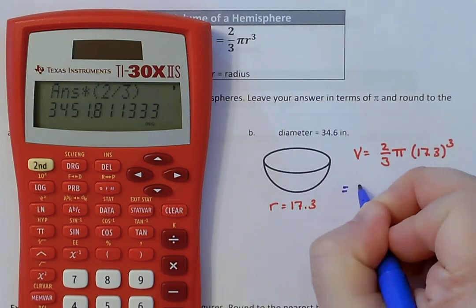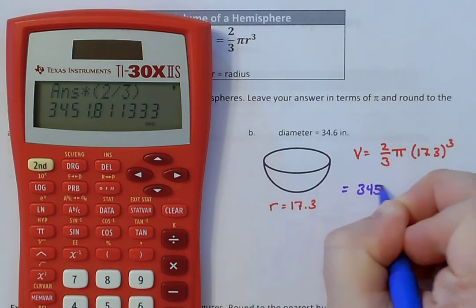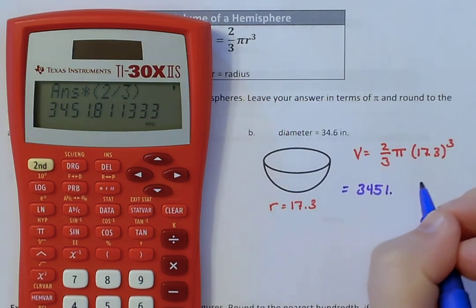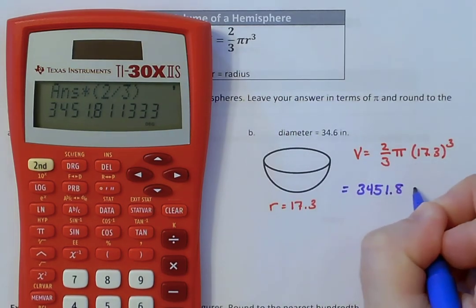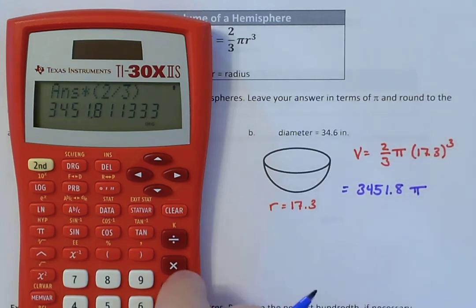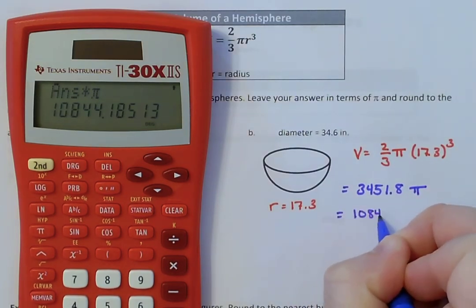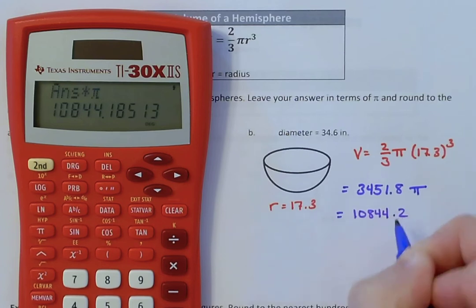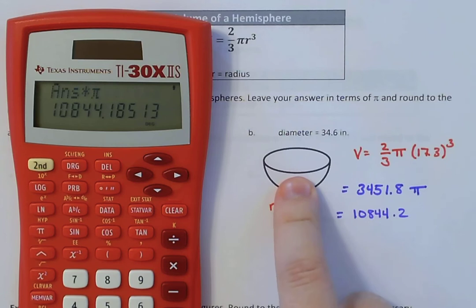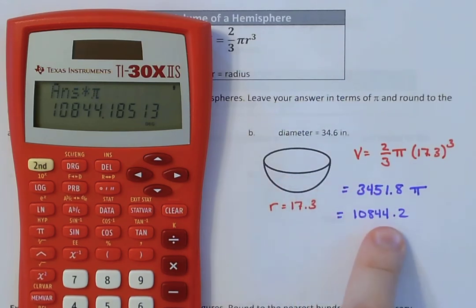So it's going to be 3,451.8 pi. If we times pi in, we get 10,844.2. And that is the volume of this hemisphere when we plug pi in.